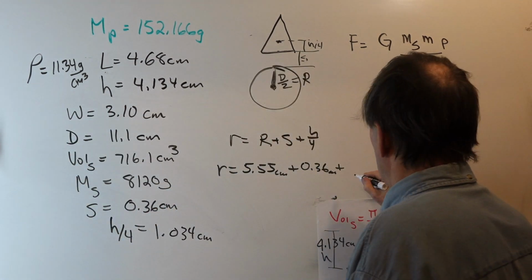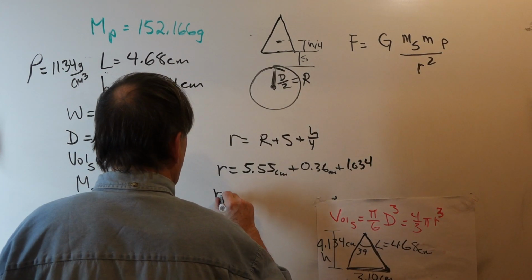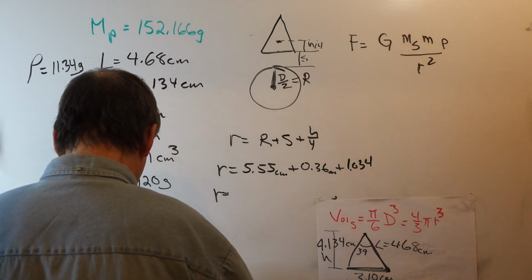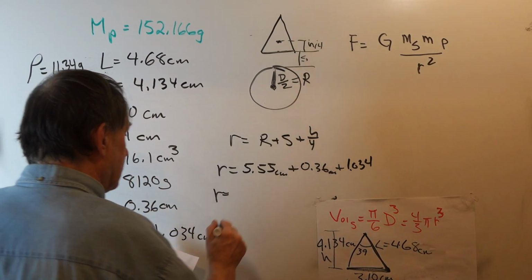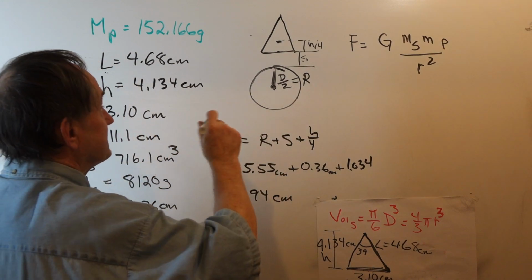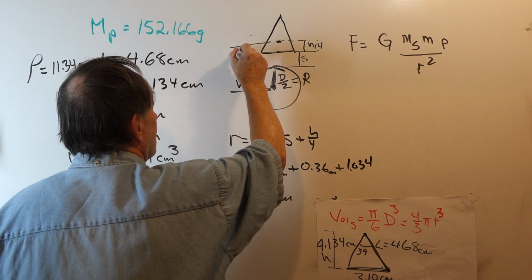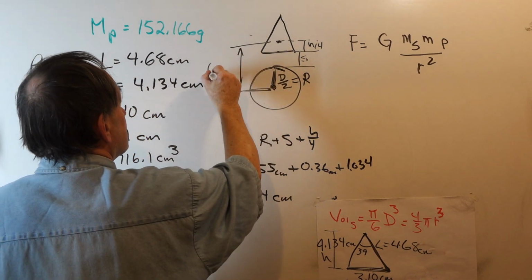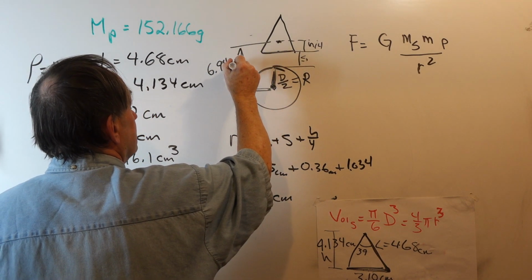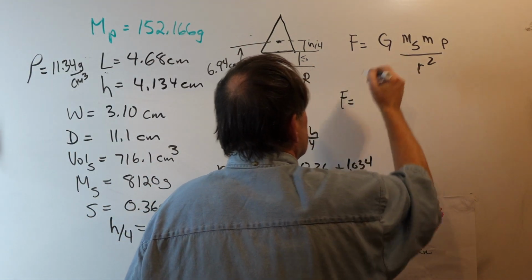So then we add 1.034. So this works out to R, then the sum of those three numbers is 6.94 centimeters. So that's the distance between the centers of mass of the pyramid and the sphere. That's 6.94 centimeters.